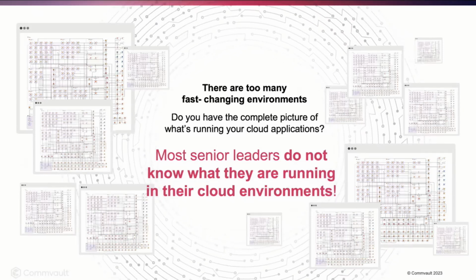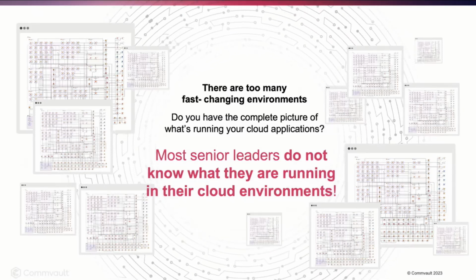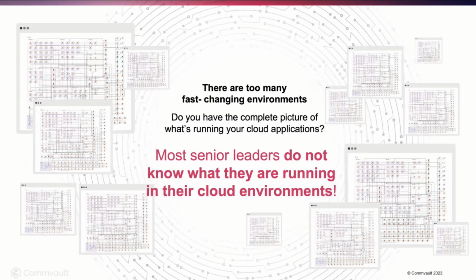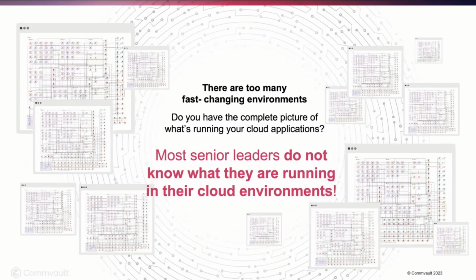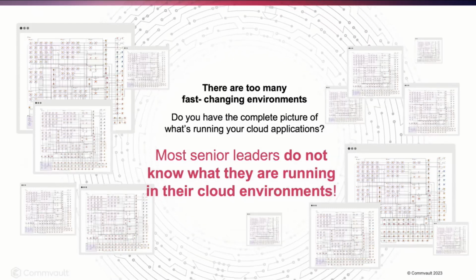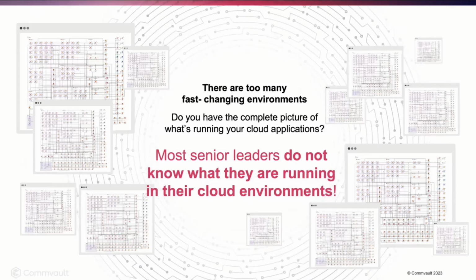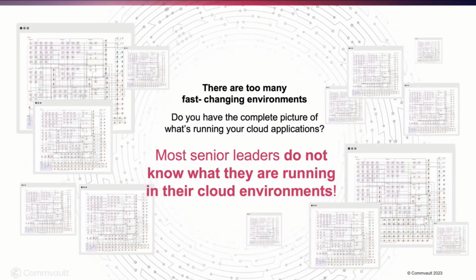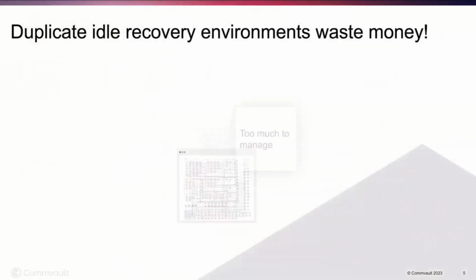There are a lot more services to manage. So the scale becomes another huge problem. Most senior leaders do not even know what they're running. That's why they're running into cost problems. But from a resiliency perspective, you are not really seeing or discovering these environments. How can you really protect, or how can you really bring resiliency to this environment?